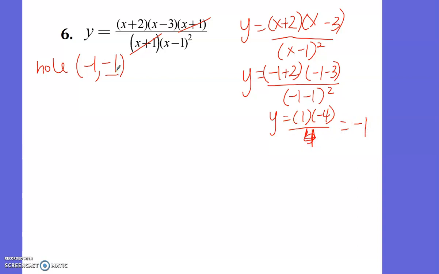Okay, there's the hole in the graph. Our vertical asymptote: we have a vertical asymptote at x equal to 1.